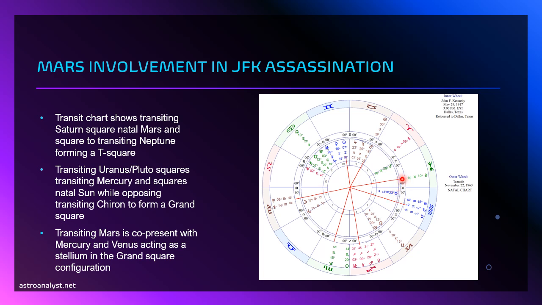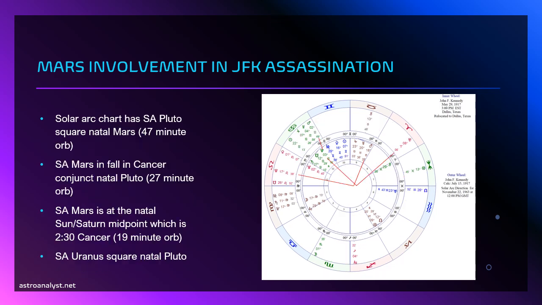I always confuse them. A grand square involving Uranus, Pluto, and Chiron, which is known as the wounded healer, the pain that never really goes away, and you have Sun with Mercury. So this is a grand cross and a T-square all within the assassination chart. Transiting Mars is co-present with that Mercury, so it is wrapped up into this grand square. So Mars is still heavily involved in the assassination.